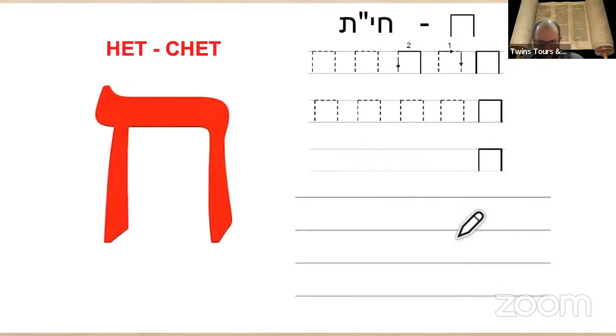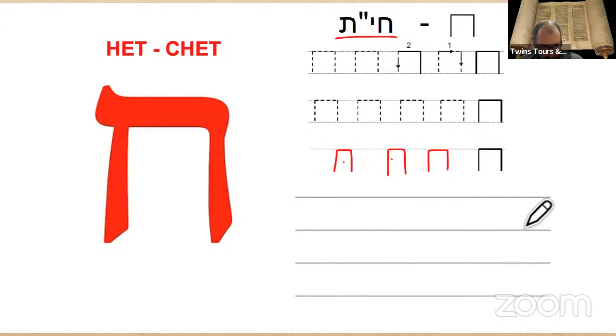Then we have the Het. This is Het. It comes in two forms, right? This is the first form. And there is a dot in the center. Most Jews pronounce it Het. But the biblical way, don't pronounce it that way.